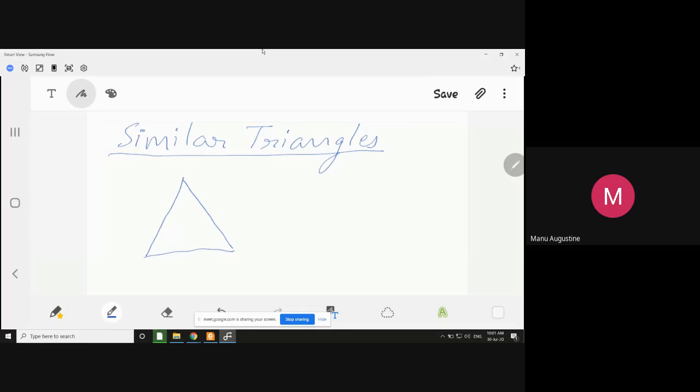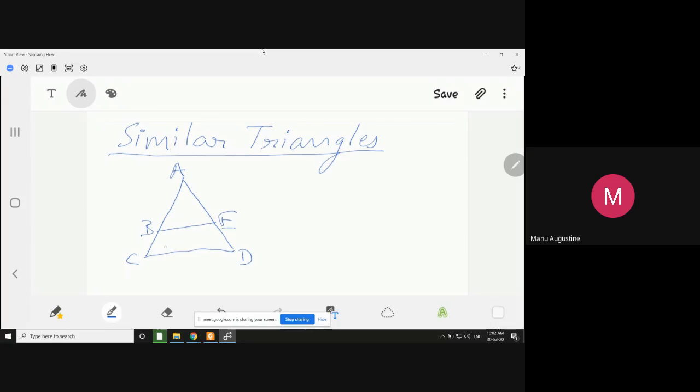So I have taken one triangle, and now I draw a line parallel to the base inside the triangle. And now let me name these triangle vertices as A, B, C, D, and E.